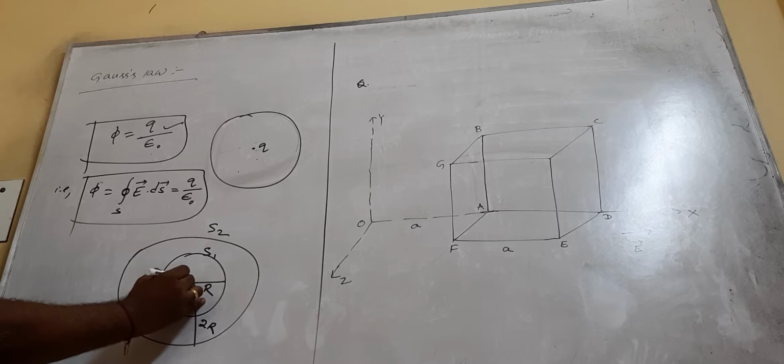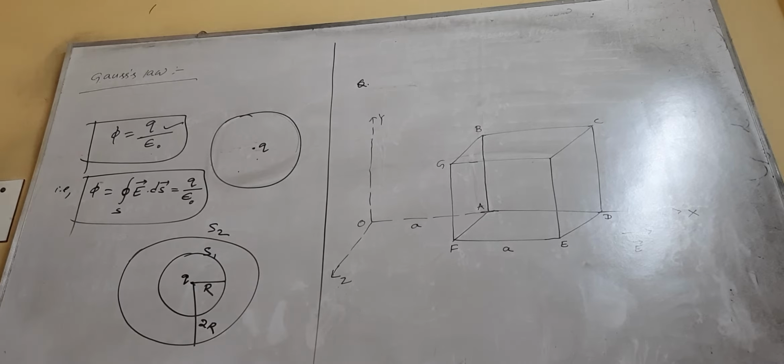If you place a charge Q at the center, my question is, what is the ratio of the electric flux linking with these two spherical surfaces? Apply Gauss law.